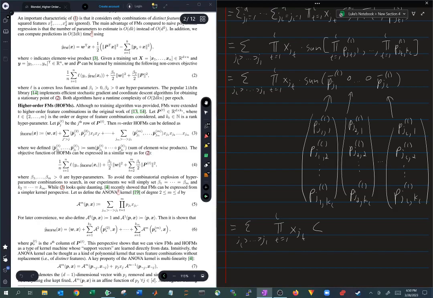So this is pj1 l, and then that goes all the way up to pjl, row vector l. Okay. And this is exactly equation 3. Or this is exactly the l term of equation 3.